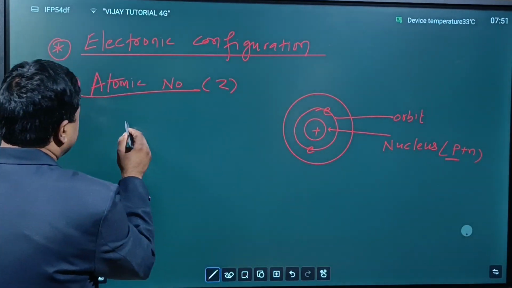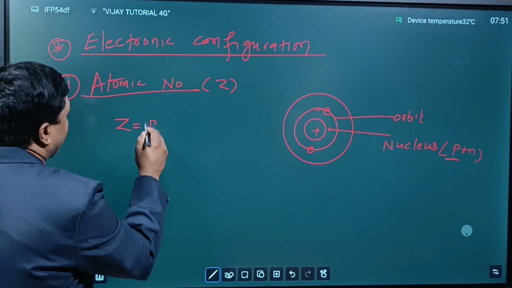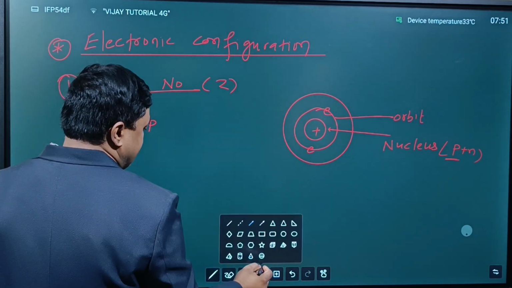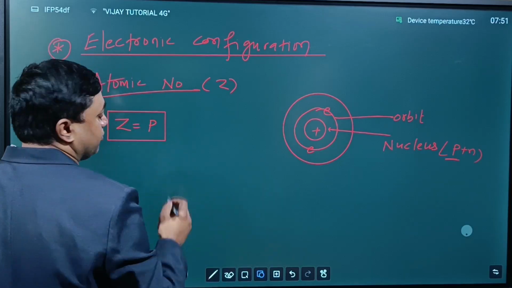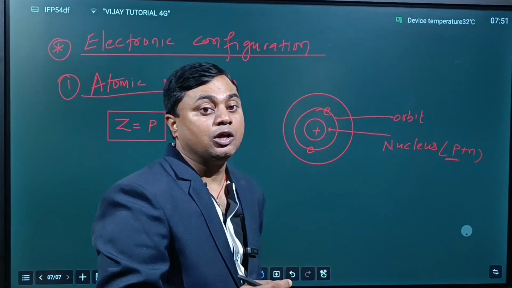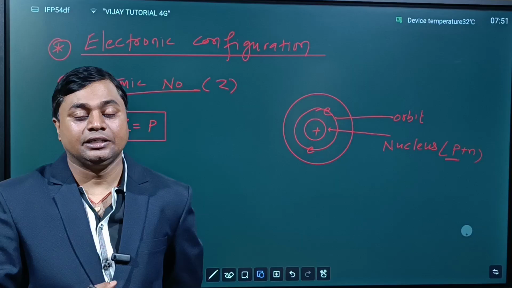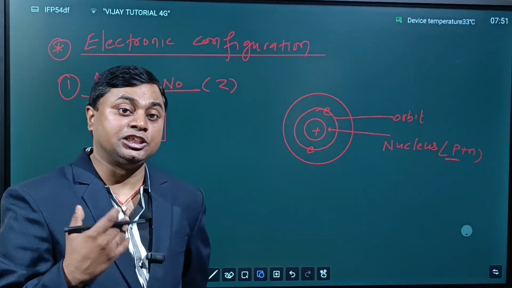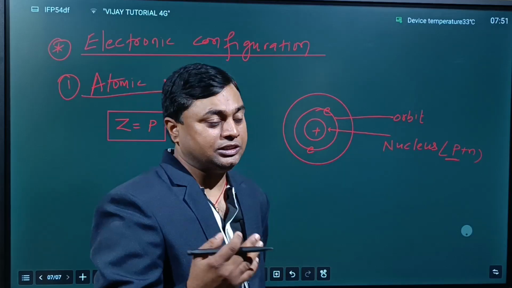What is atomic number? Atomic number is nothing but the number of protons present inside the nucleus of an atom. For example, carbon's atomic number is 6, nitrogen 7. It means carbon has 6 protons, nitrogen has 7 protons. Is it clear?